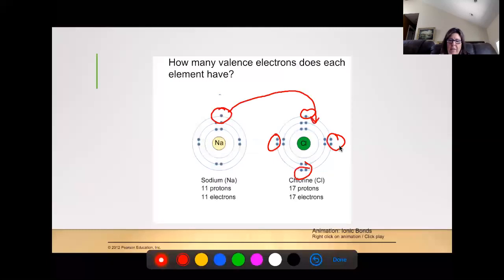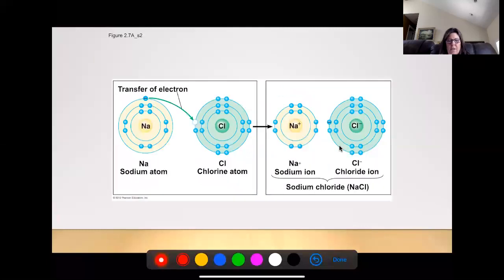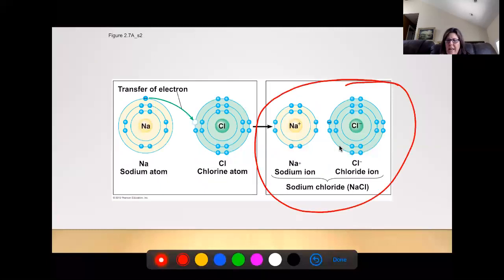And so now I have 2, 4, 6, 8 in my inner level. So we've met octet, but now I'm going to have a positive charge here. Here, now I'll have 8 around my chlorine, but I'll have a negative charge. So we're going to transfer that electron over, and now we're going to hang out together. And if I hang out, a positive one and a negative one is neutral.